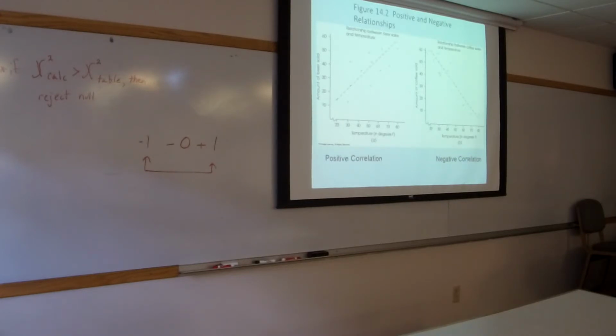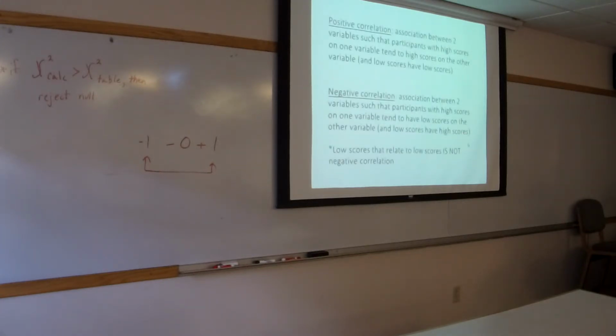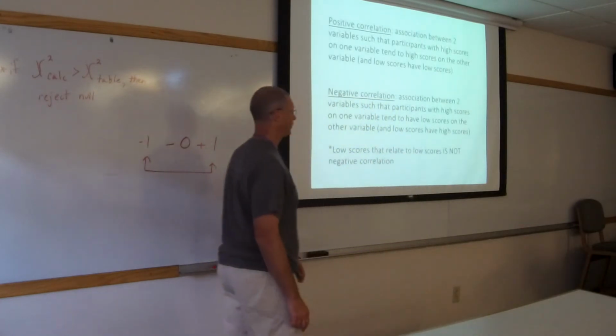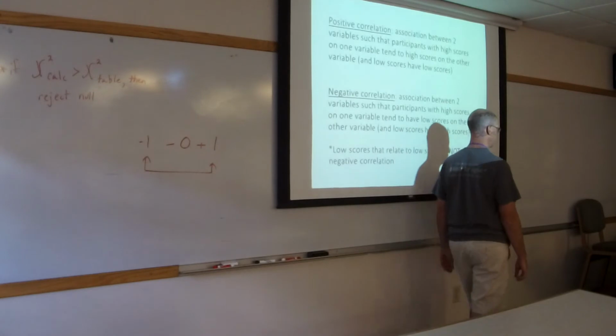So that's a negative slope. Which makes sense. The amount of beer sold is increasing as the temperature goes up. Low scores relating to low scores does not mean negative correlation. That's the one where it can get a little tricky.